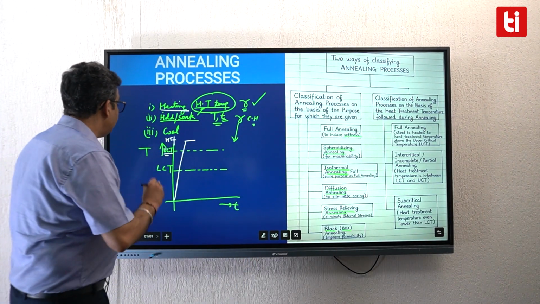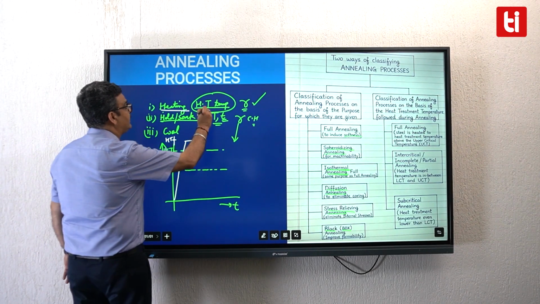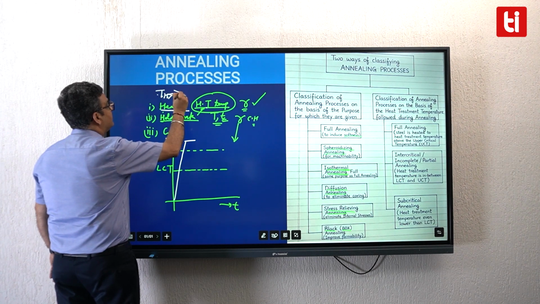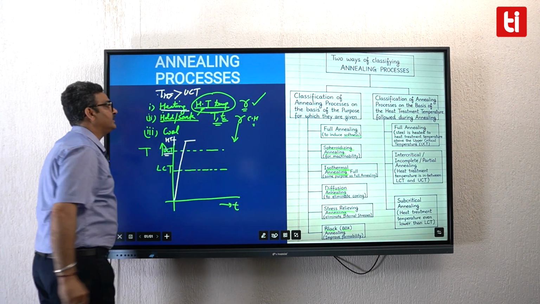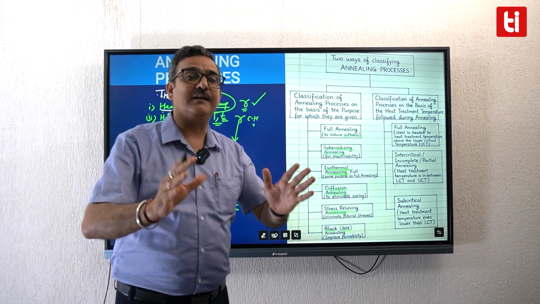I repeat, if during annealing, any type of annealing, the heat treatment temperature is greater than the upper critical temperature of the steel that has been taken, what are we giving? We are giving full annealing treatment.